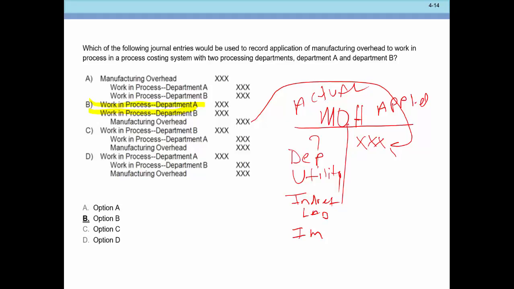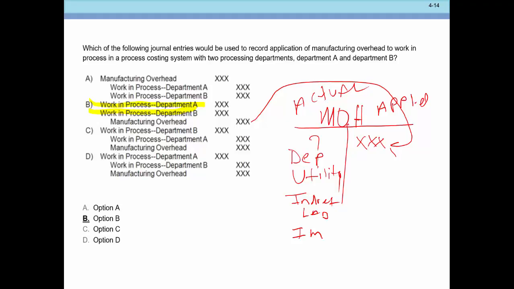And, of course, the corresponding credits to those debits, every debit equals a credit, right? There would be the credit to accumulated depreciation, credit to the utility bill payable, credits to wages payable, credit to raw materials, right? Okay, so that all works the same. The only difference is we gather the cost by department.